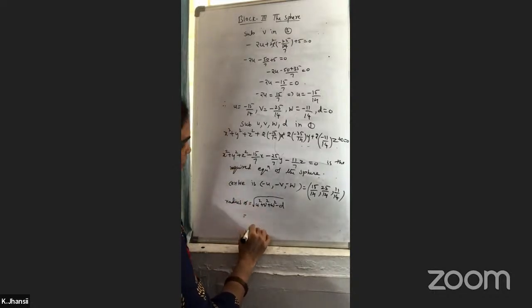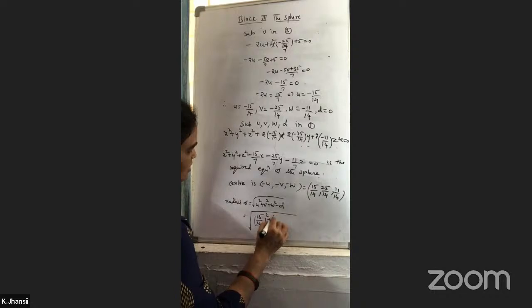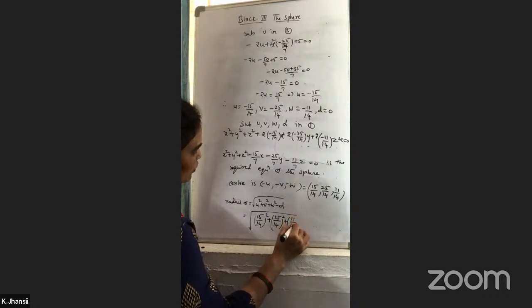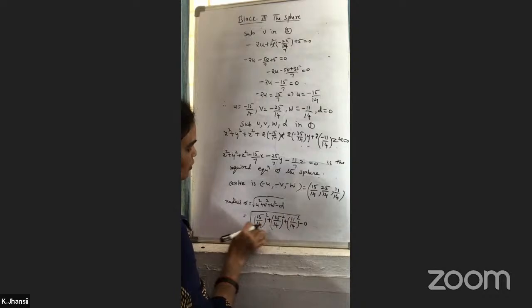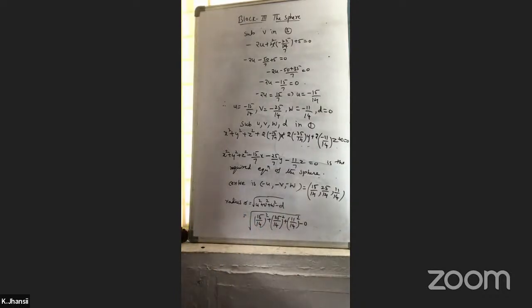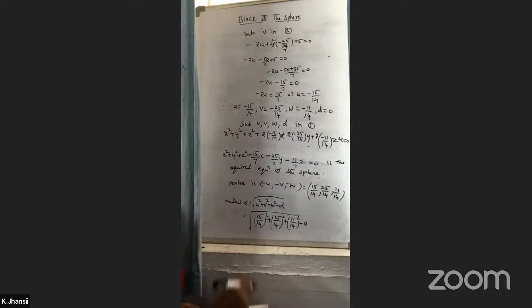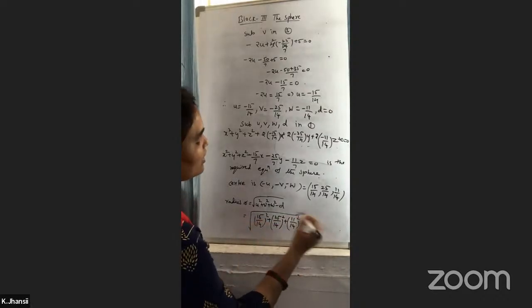So root of u square means 15 by 14 whole square plus v means 25 by 14 whole square plus 11 by 14 whole square minus d. The d value is 0, no? So only if you do the square of this, it's enough. Okay. So try to solve this with the help of a calculator or anything.